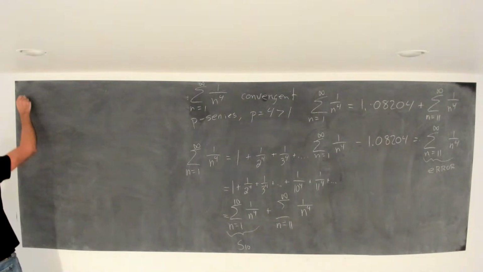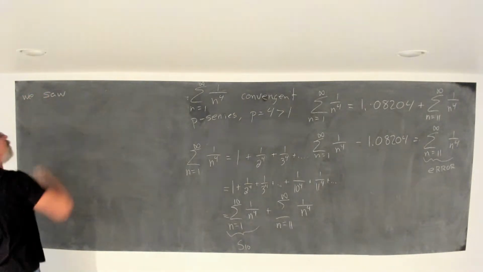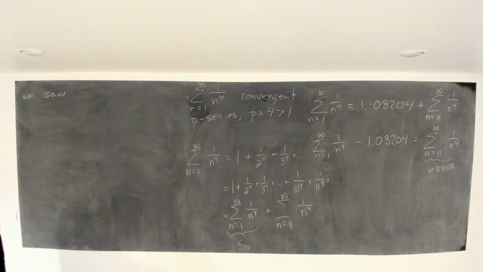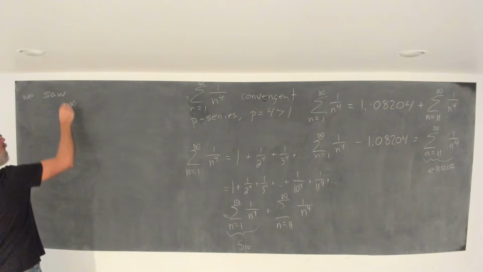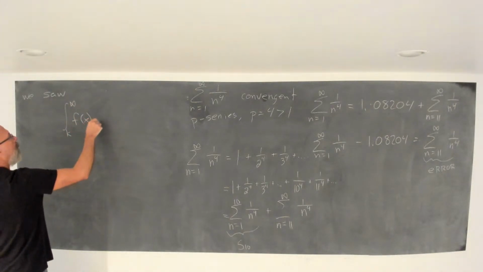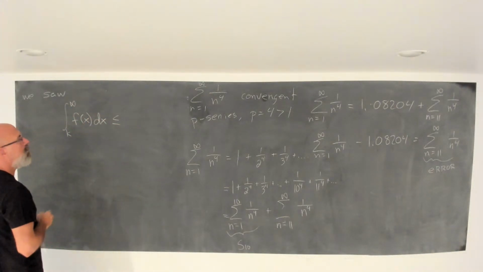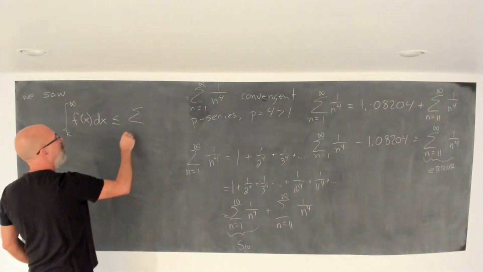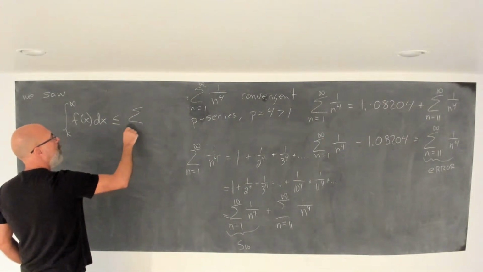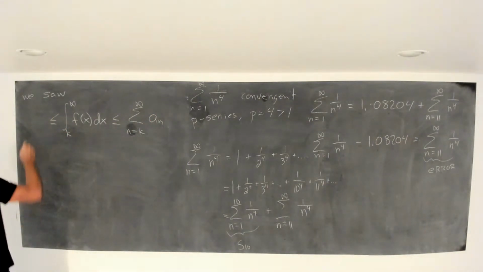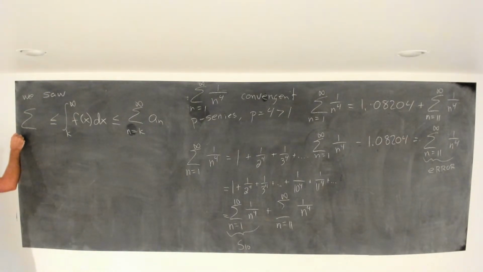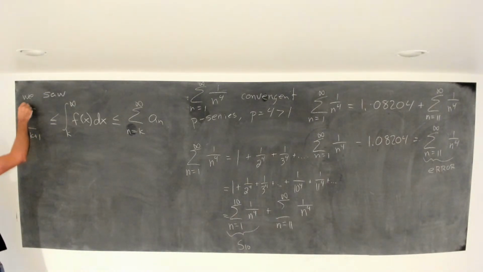And what did we see? We saw that the integral from k to infinity was less than or equal to the sum. This is what we showed.